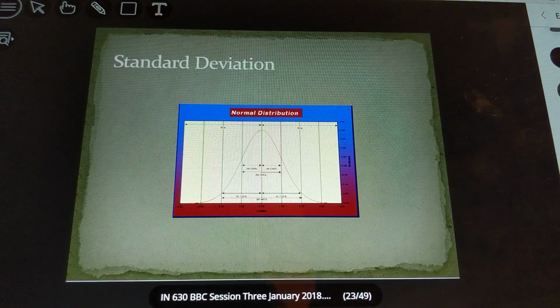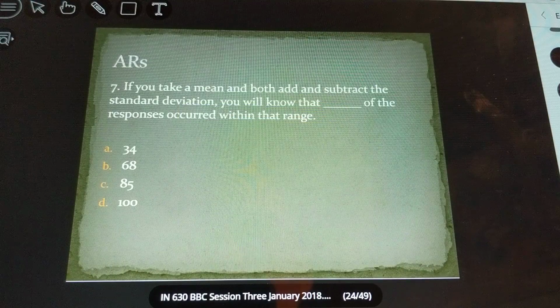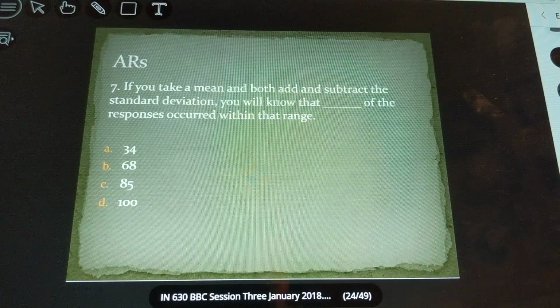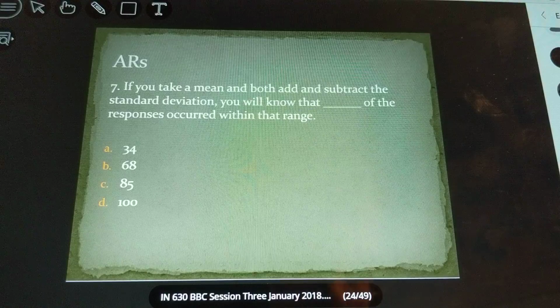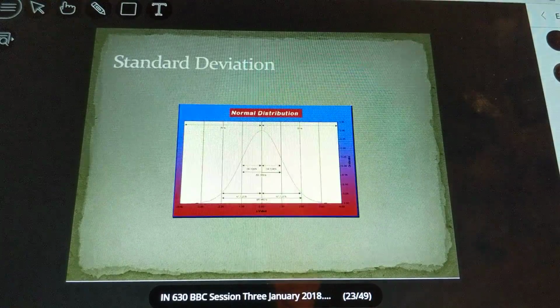All right, now let's reflect on standard deviation. If you take a mean and both add and subtract a standard deviation, you'll know a particular percentage of the responses occurring within that range.